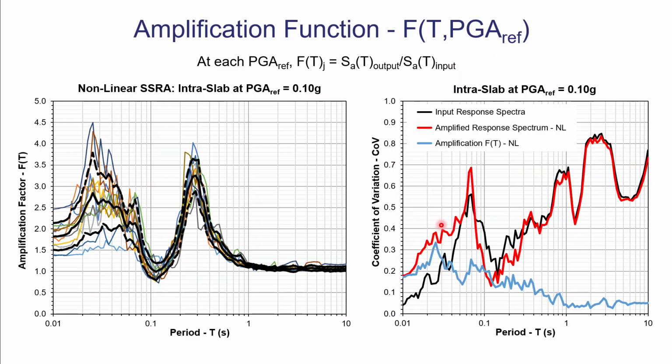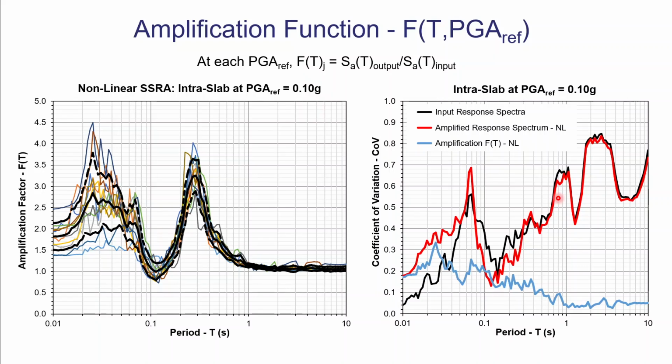The amplified response spectrum, which is what you get directly out of the site response analysis, once you get away from the PGA here, where it's higher than the input, once you get out to about 0.05 seconds and beyond, very closely matches the input.